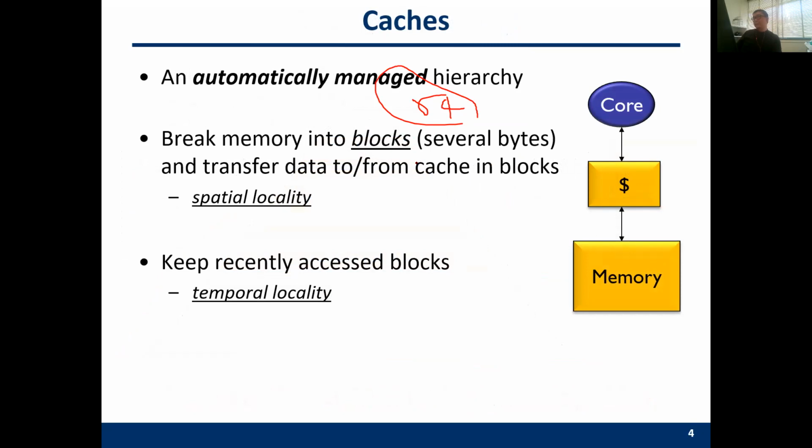We can also temporarily buffer these blocks into the caches. So when we read a block to the core, besides fetching this data and sending it to the core, we can temporarily store the piece of data in the cache, so that maybe next cycle the core still wants the data of this block.